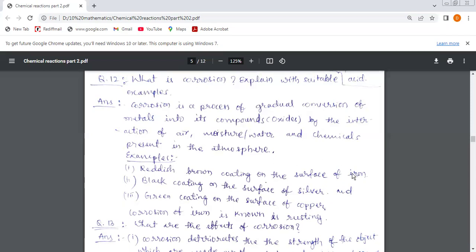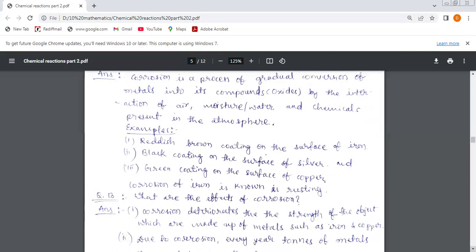That is called corrosion. An example is the reddish brown coating on the surface of iron. Generally, we have seen that if iron metal is exposed to the open atmosphere, its surface becomes reddish. That shows that corrosion has taken place.